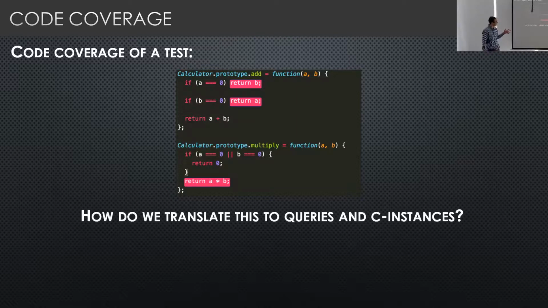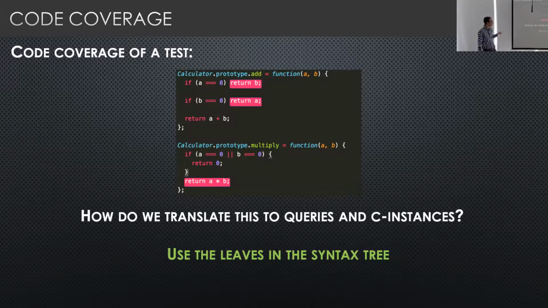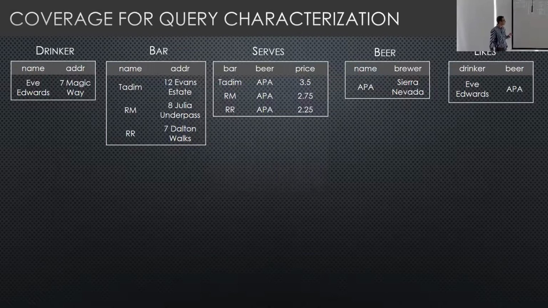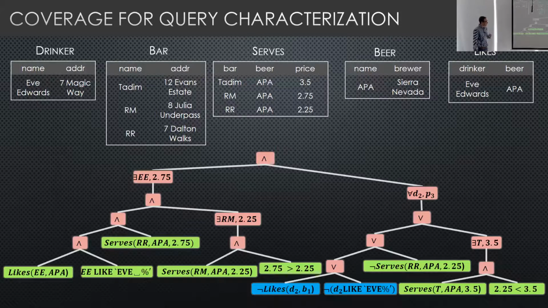Okay, so now the question is, how do we translate this notion of coverage to queries and C instances? The idea is to use the syntax trees that we've seen in the previous slide. Let me start with a database instance that contains values, which we all know. And here's the syntax tree of the query that we've seen. This syntax tree already contains some of the values from the instance, just to show you that this instance satisfies the query.